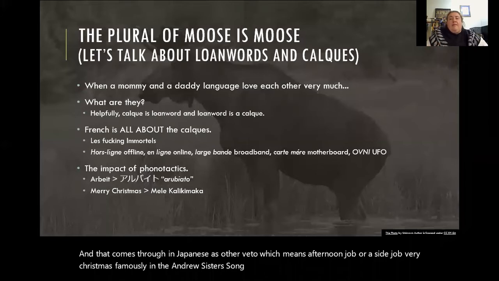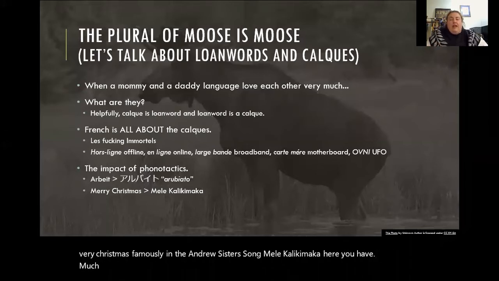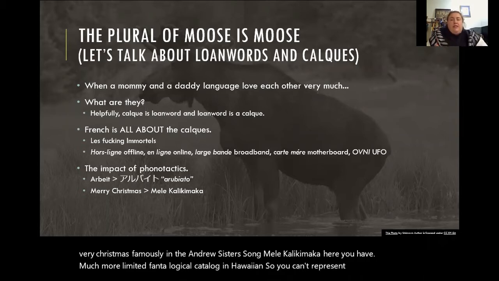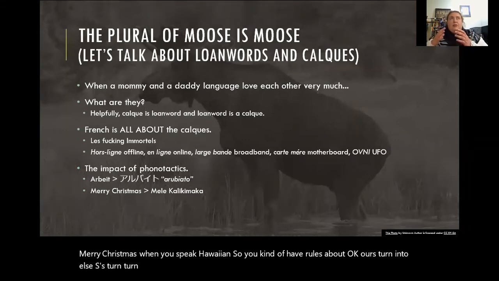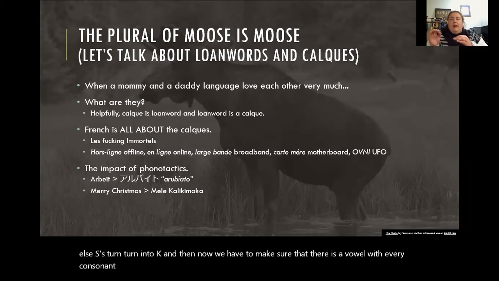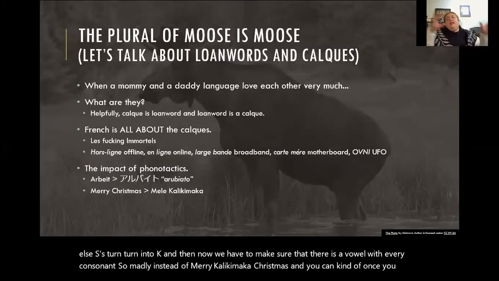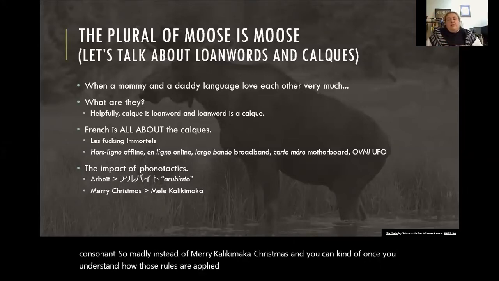Here you have a much more limited phonological catalog in Hawaiian, so you can't represent all the sounds of Merry Christmas when you speak Hawaiian. So you have rules about, okay, R's turn into L's, S's turn into K, and then we have to make sure that there is a vowel with every consonant. So mele instead of Merry, kalikimaka, Christmas. And once you understand how those rules are applied, you can back your way into Merry Christmas.